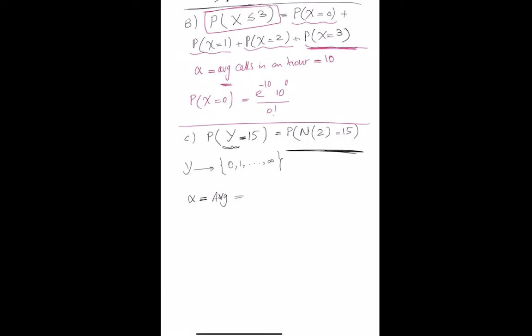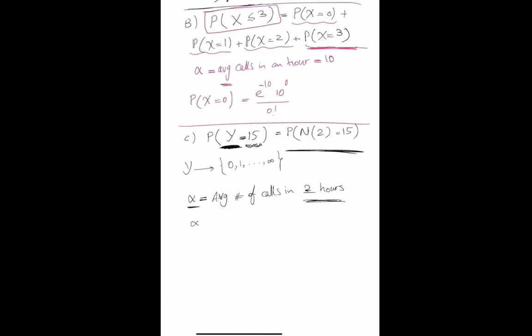Because my random variable y is the number of calls in 2 hours, alpha should be the average number of calls in 2 hours as well.